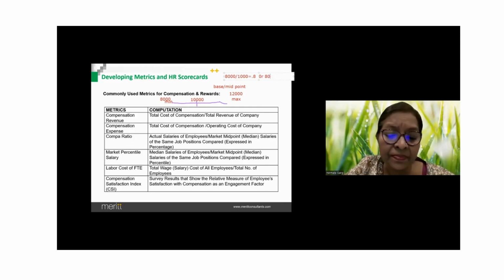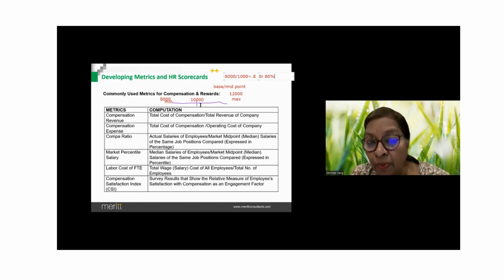Okay. So if you are at 12,000, that means it is 120%. Now, this is how to calculate your compa ratio. But what does it tell you? That means where are you vis-a-vis the midpoint?